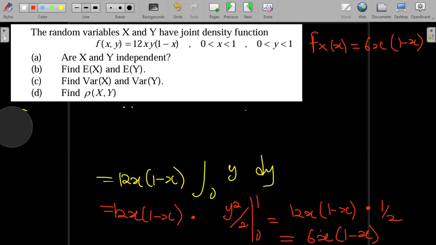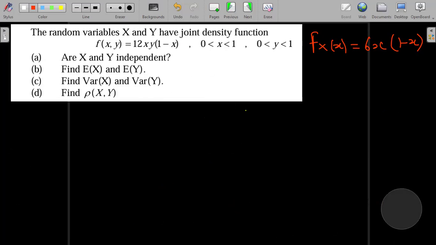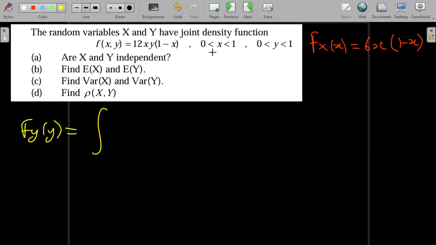Okay, let's find the marginal of y. It will be the integral over all the x, so x is from 0 to 1, and then I put the joint PDF. Now we are integrating over x, so whatever does not have x, we push in front of the integral.